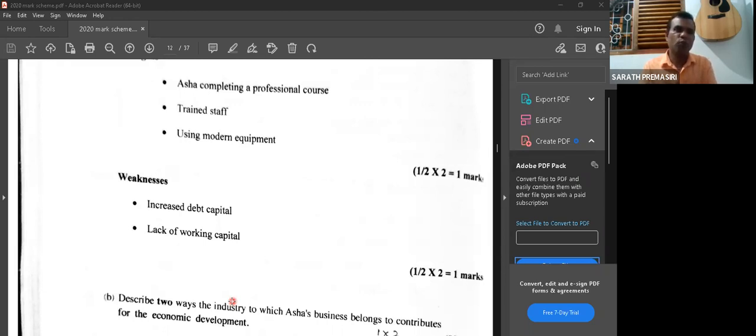So our question is how her service contributes to economic development. Two facts to be written. You are given 2 marks. Just try to write any answer so that you can correct it by looking at the mark scheme. First, you try to write a kind of answer.